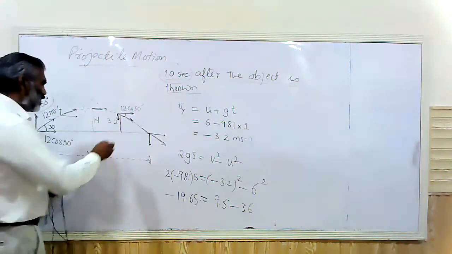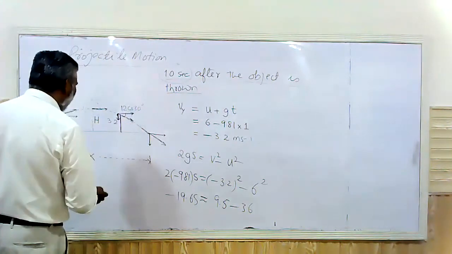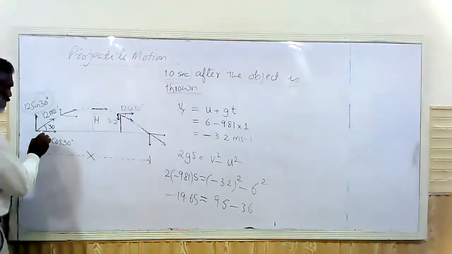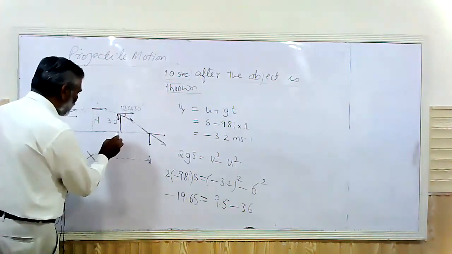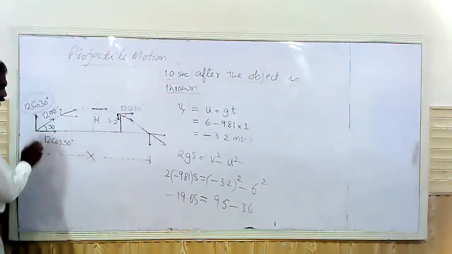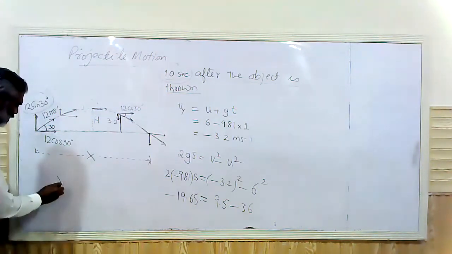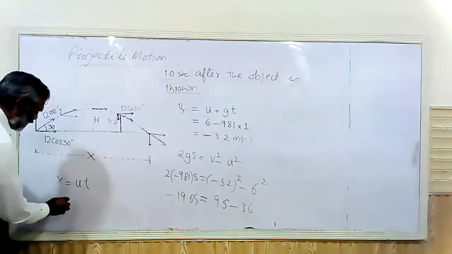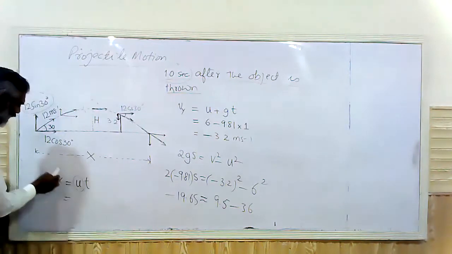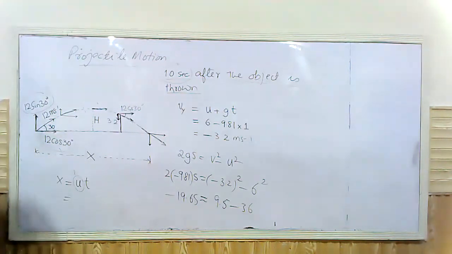So if this is the height of that point, how far it has gone from this horizontally? Along the horizontal, this will be the distance along the horizontal. And for this purpose, I will use x is equal to ut or vt, but this u or v has this meaning now, because the horizontal component of velocity is constant.